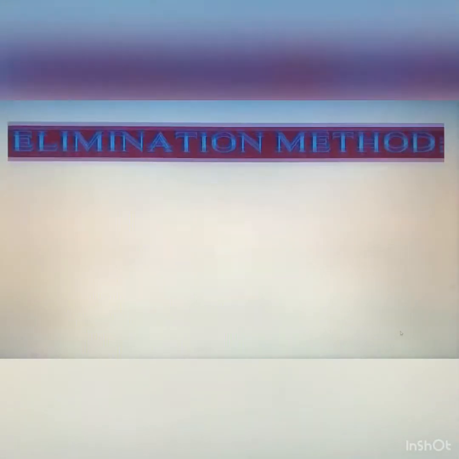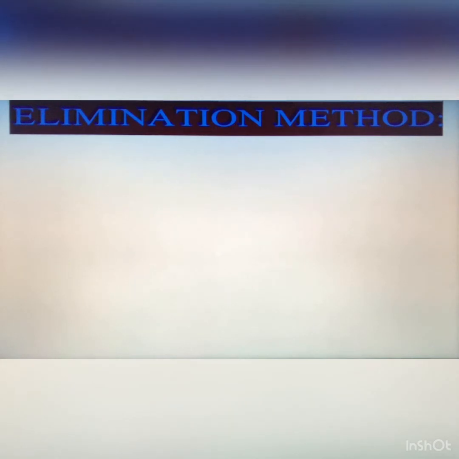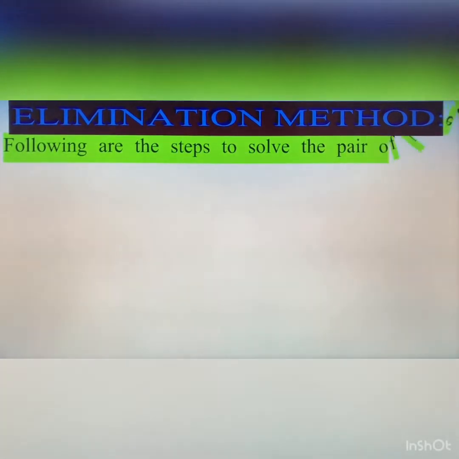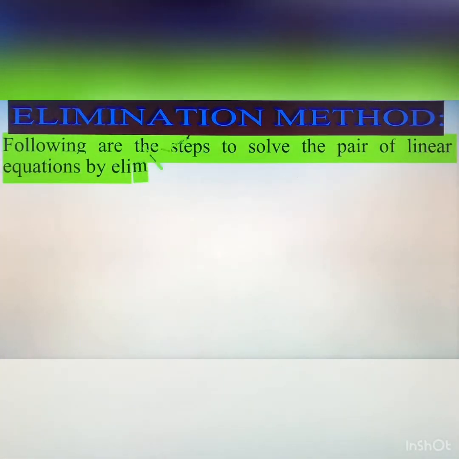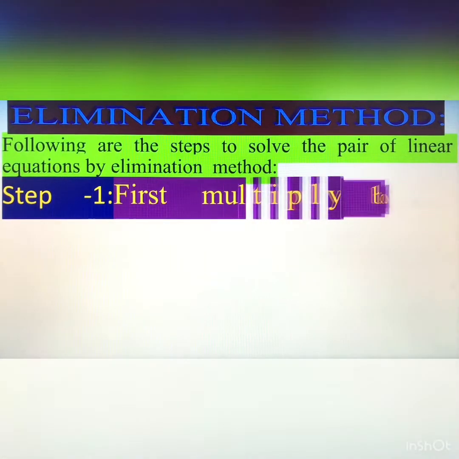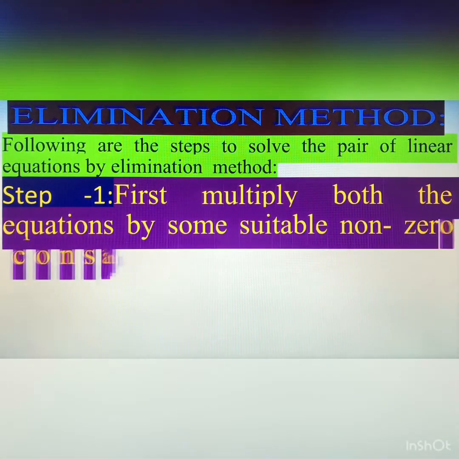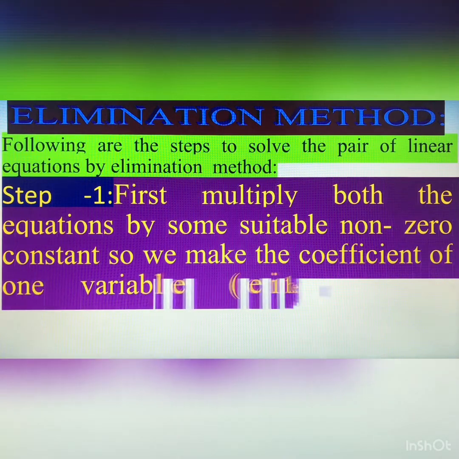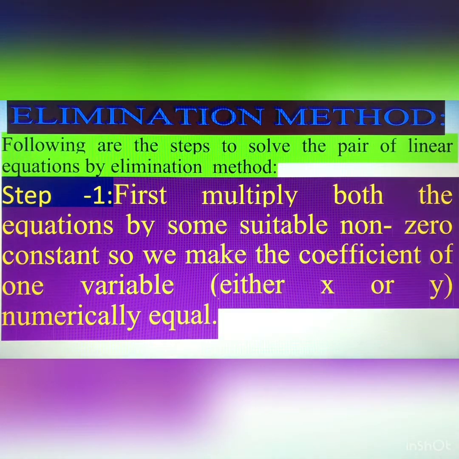Now next one, elimination method. So how can you solve the system by elimination method? So dear, following are the steps to solve the pair of linear equations by elimination method. Step number 1: first, multiply both the equations by some suitable non-zero constant.